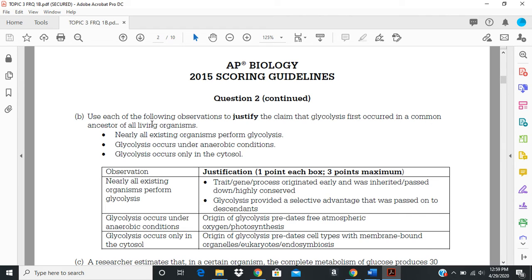So it occurred in early Earth conditions when there was no oxygen. And we know that glycolysis occurs in the cytosol, and that's because the origin of glycolysis happened before we see eukaryotes. So glycolysis was first started in these early prokaryotic cells.